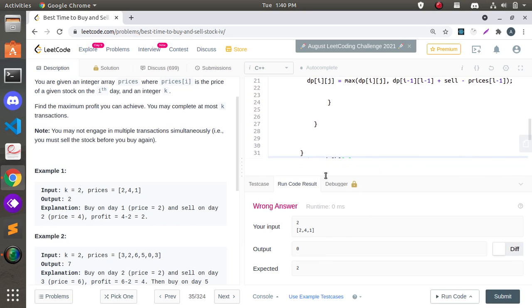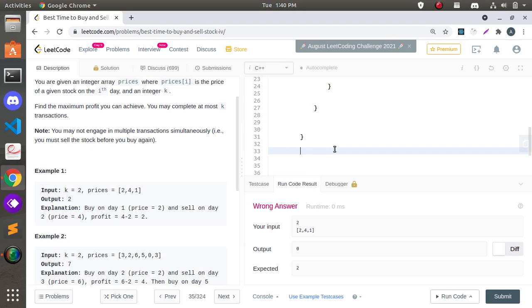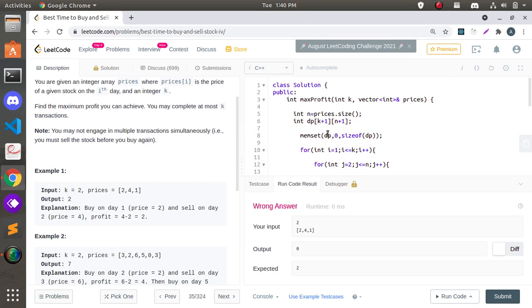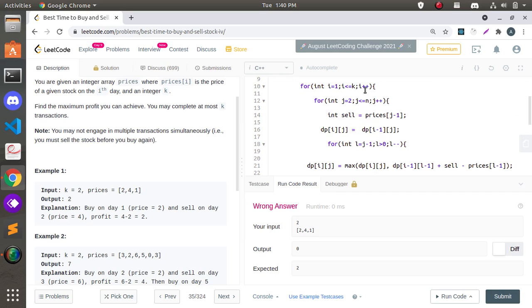So let's try to print it to see where it is wrong, which will make it much easier for us. I have taken size k transaction, it is 0, i is 1, i plus plus, j less than n.